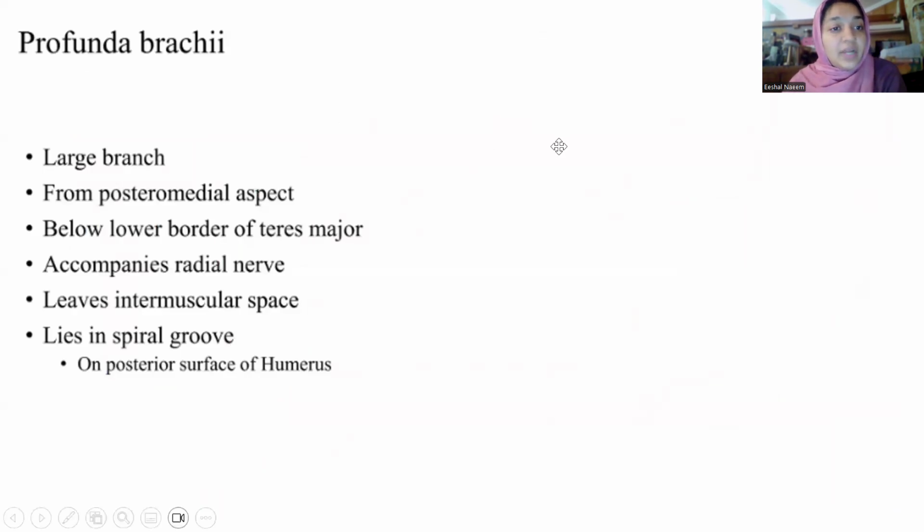Now, the profunda brachii artery is the largest branch from the posterior medial aspect of the arm. Below the lower border of teres major, the axillary artery becomes the brachial artery, and the brachial artery gives a branch to the profunda brachii artery. It's the largest branch from the posterior medial aspect below the lower border of teres major. It accompanies the radial nerve in the spiral groove on posterior surface of humerus.